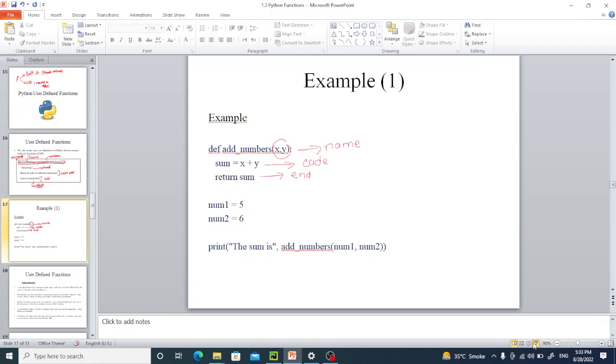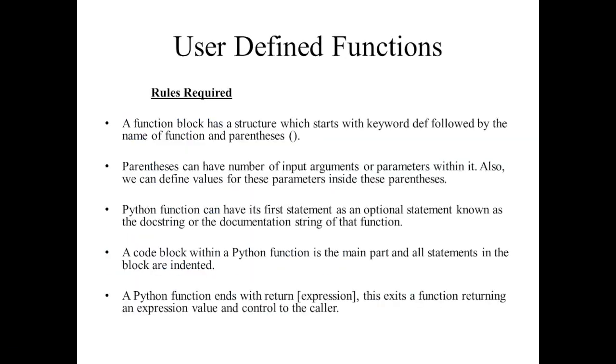And here are some common rules for user-defined functions. The function block always starts with a keyword, and this keyword is def. So the function always starts with the keyword def, with which the name of the function is written and parentheses are given.